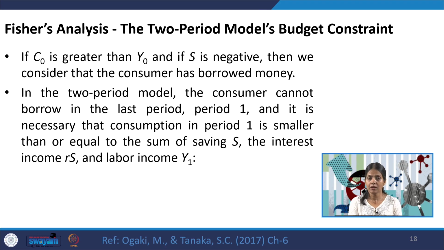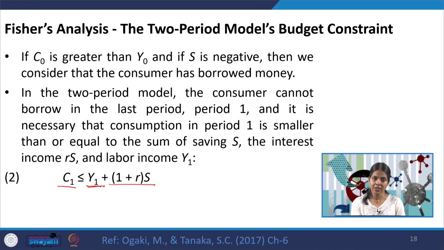In the 2 period model, the consumer cannot borrow in the last period, period 1, and it is necessary that consumption in period 1 is smaller than or equal to the sum of saving, the interest income rS and labor income y1. So, what we write is that the consumption in period 1 is, first of all, less than or equal to the income that you earn plus (1 plus r) multiplied by S. So, basically if I break it, I will be having y1 plus S plus rS.